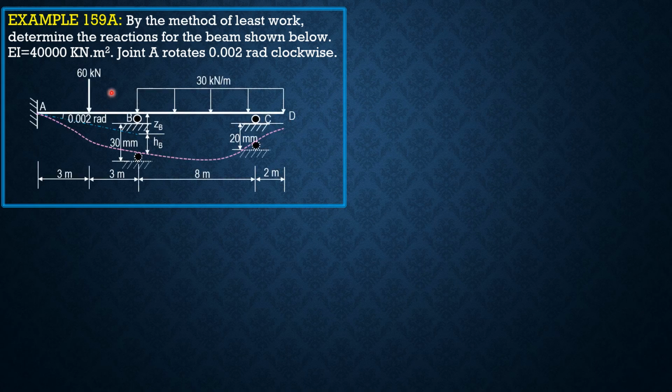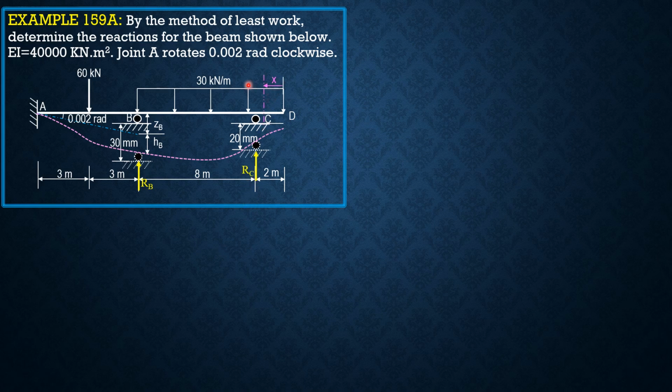So here is the figure, and this is statically indeterminate to the second degree. So let's make the redundant reactions at B and C. But before that, let's solve for H sub B and H sub C. So from the figure, let's denote the redundants there.